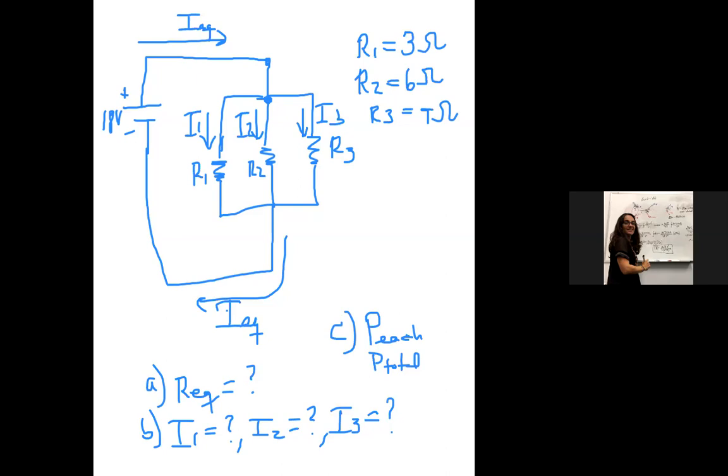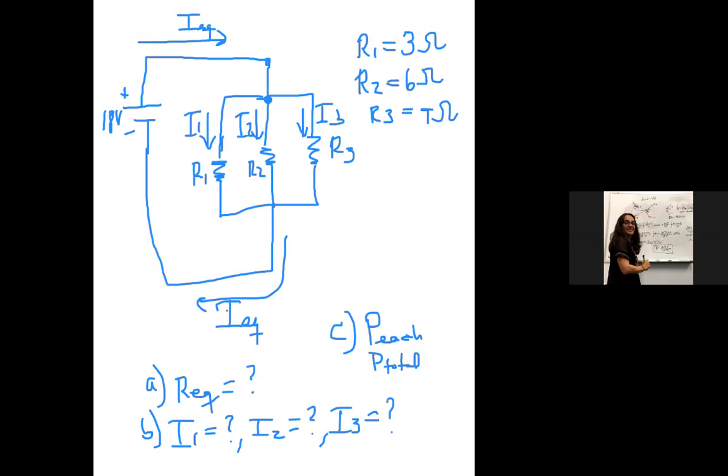Okay, so first thing I need to do is create an equivalent. So what I'm going to do is take these 3 resistors and combine them in parallel, and as such, get their equivalent.